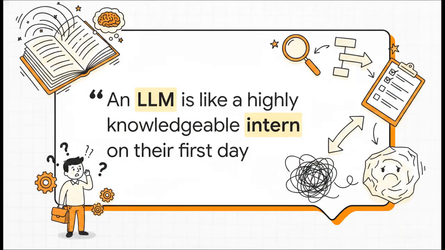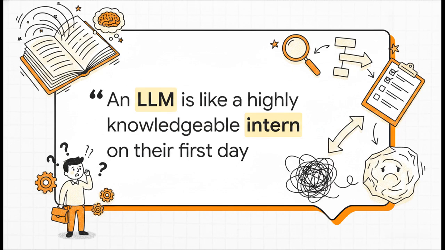Okay, let's dive into this, because this quote is literally the golden rule of generative AI. I want you to completely change how you view large language models, or LLMs. Whatever you do, do not think of them as magical search engines. Instead, imagine an LLM is like a highly knowledgeable intern on their very first day in the office.